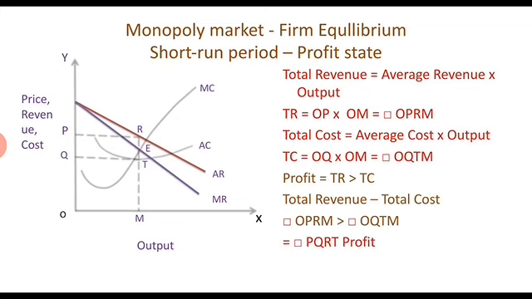So the firm can get profit of rectangle PQRT. Profit state is MC equals MR and AR is greater than AC.